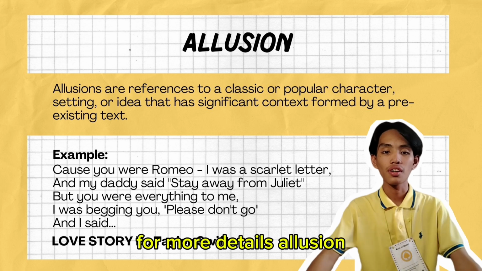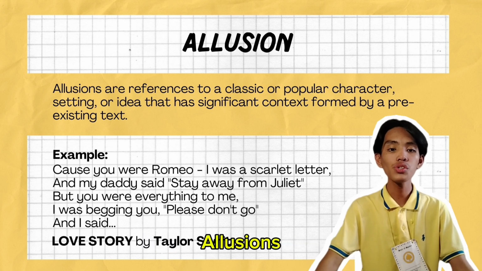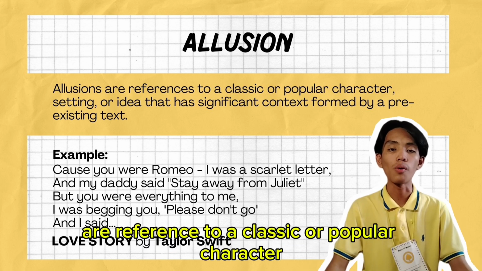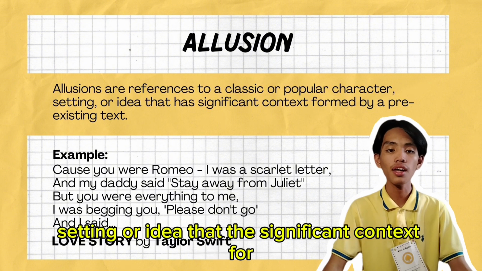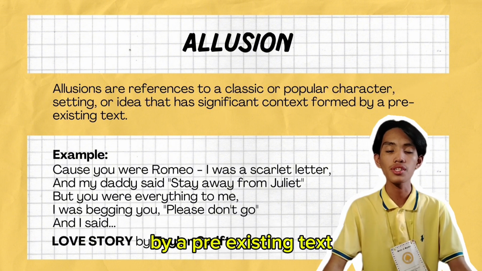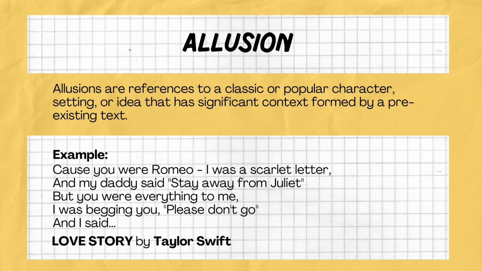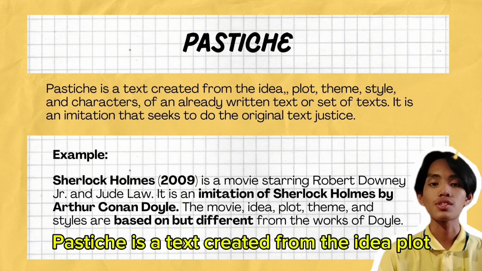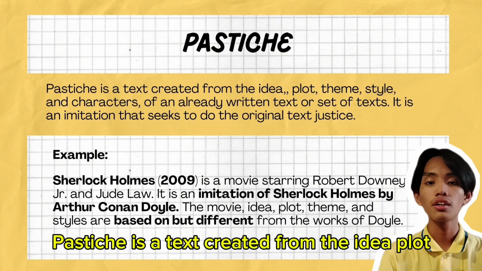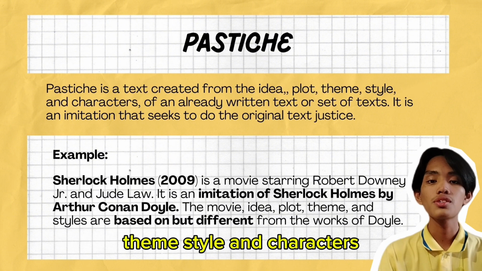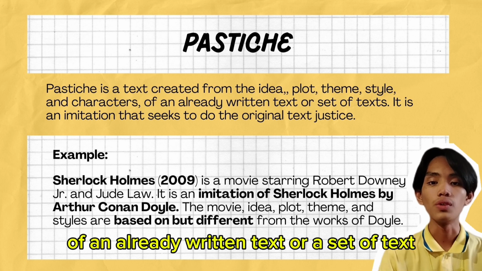For more details, allusions are references to a classic or popular character, setting, or idea that has significant context formed by a pre-existing text. Example: pastiche is a text created from the idea, plot, theme, style, and characters of an already written text or a set of texts.